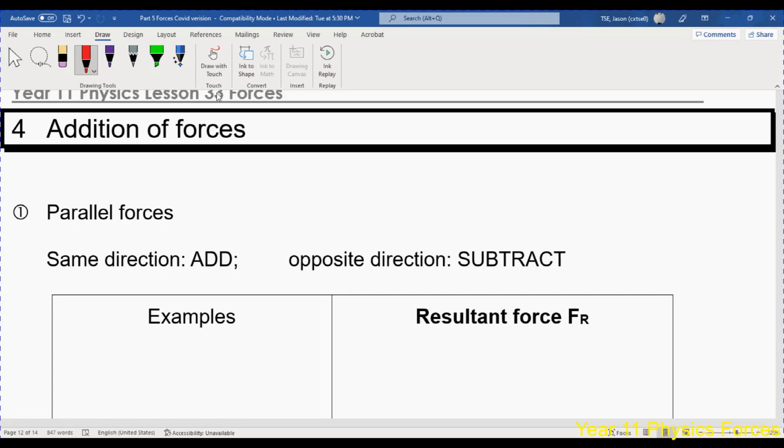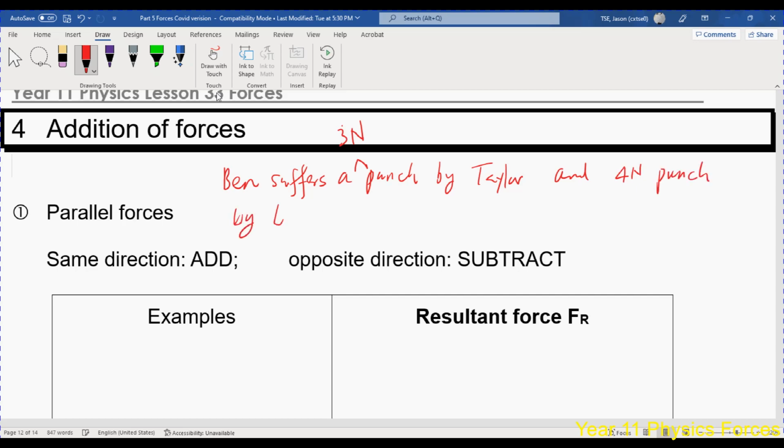Let's say Ben suffers a punch by Taylor, possibly, with a 3 Newton punch, and a 4 Newton punch by Leonard.